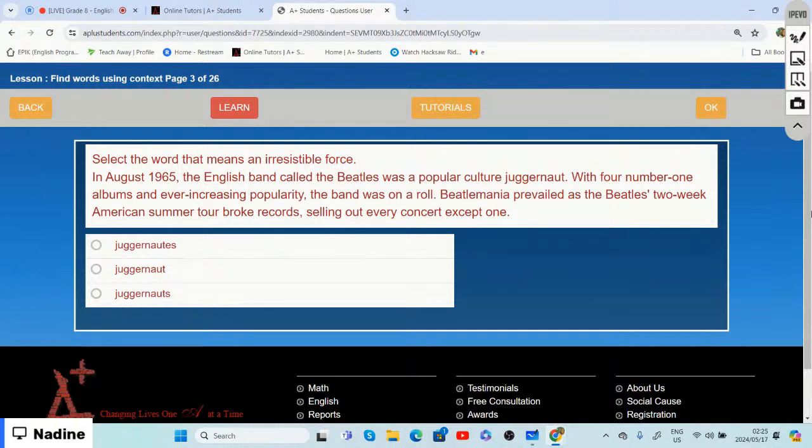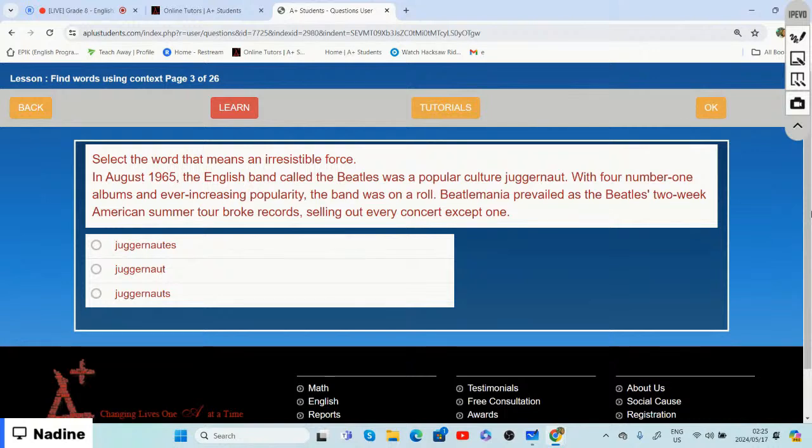In August 1965, the English band called the Beatles was a popular culture juggernaut, with four number one albums and ever increasing popularity. The band was on a roll. Beatlemania prevailed as the Beatles' 2 week American summer tour broke records, selling out every big concert except one.